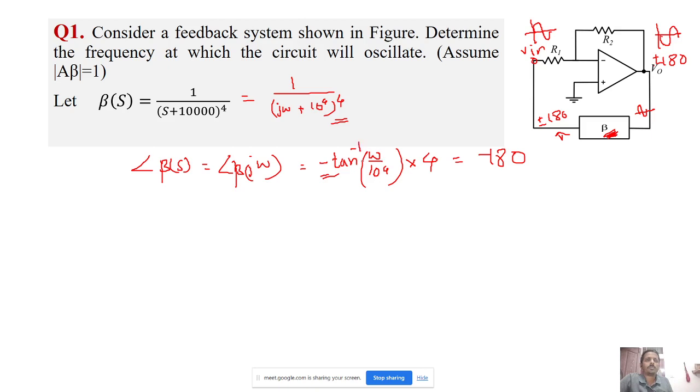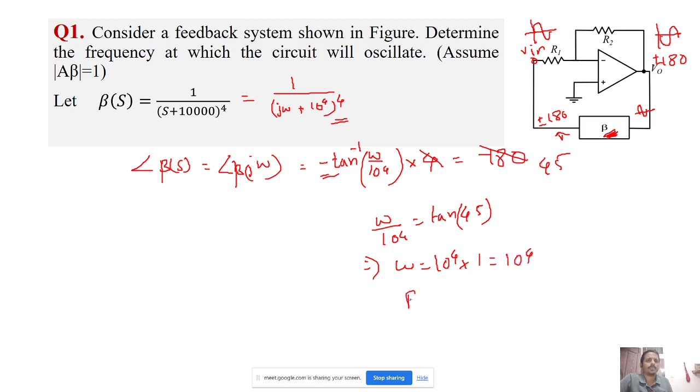So how do we find omega? Just calculation. 180 by 4 is 45, so omega by 10 power 4 will be equal to tan 45. Tan 45 is 1, so omega equals 10 power 4.